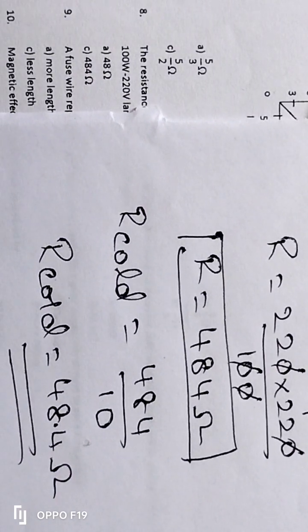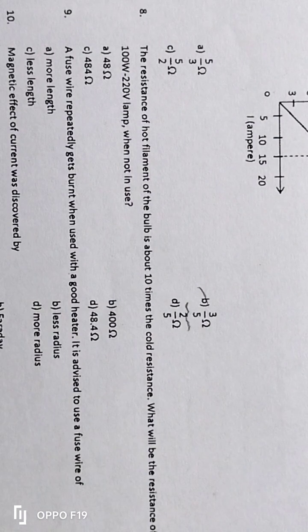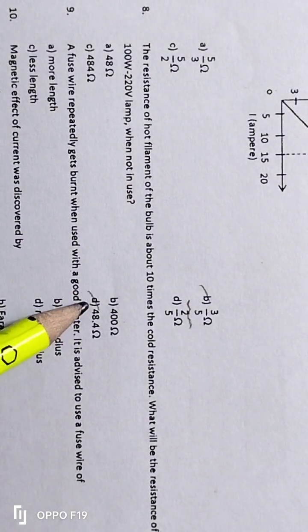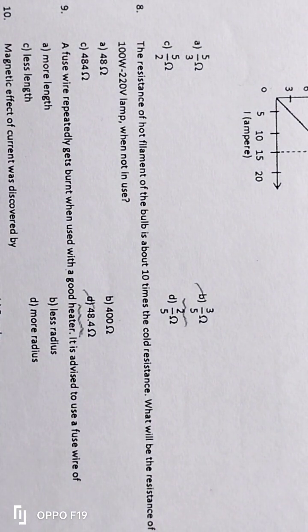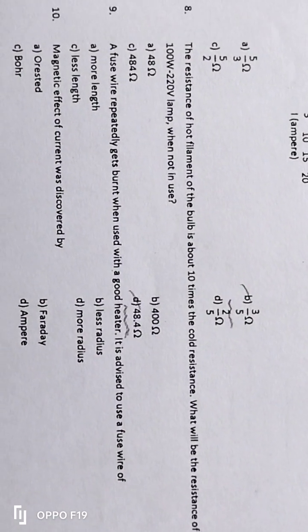Therefore the resistance of the cold filament is 48.4 ohms. Therefore for this question the correct option is option D. 48.4 ohm is the right answer. Now let us move to the ninth question.